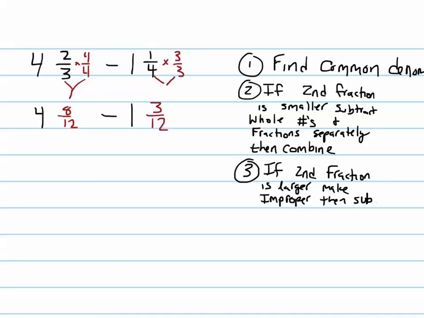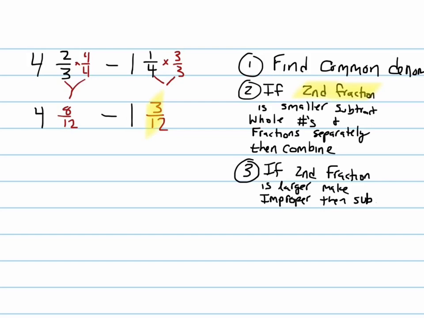Alright, so here's the rules. If the second fraction is smaller than the first one, you could subtract the whole numbers and fractions separately and then combine, which in this case, can be done.